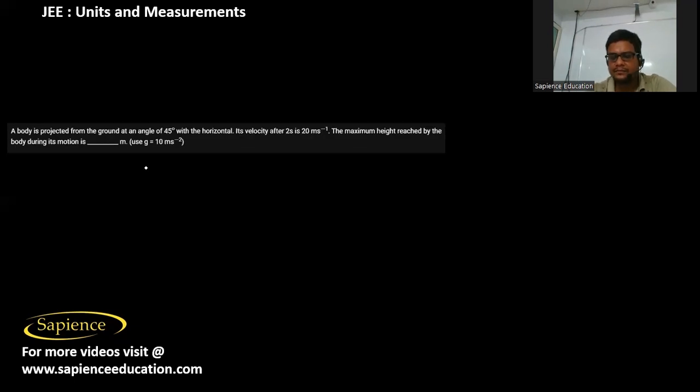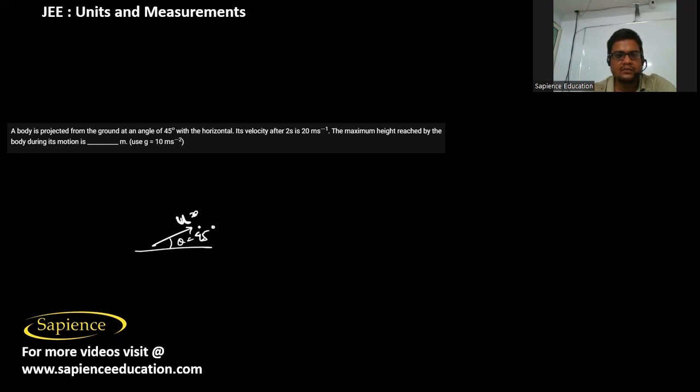Then it is told that a body is projected from the ground at an angle of 45 degrees with the horizontal. Here theta is 45 degrees. The initial velocity is not told, so let's say its initial velocity is u.